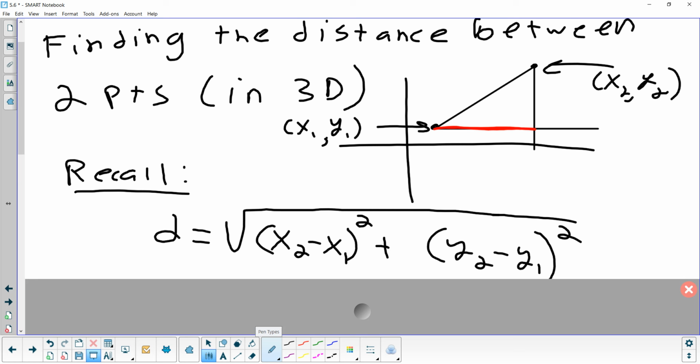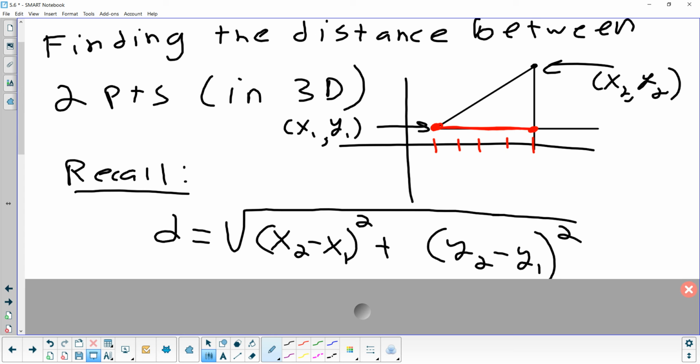The length of the bottom side would be wherever you're at here, which is x2, minus wherever you're at here, which is x1. If I put in marks, just as an example, this one's at 5, this one's at 1. 5 take away 1 gives me 4, and that's the length of the bottom.